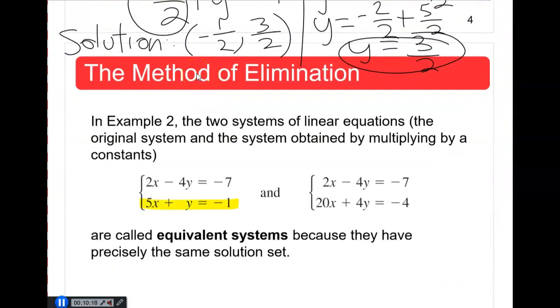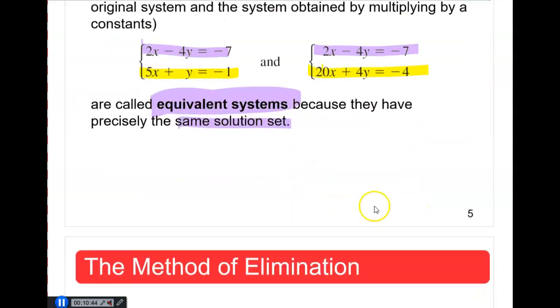So here again, 5x plus y equals -1 and 20x plus 4y equals -4. They're equivalent, and so we call them equivalent systems. That is because they will have the exact same solution set, even though we don't have the same coefficients. If we solve for them, they will have the same set.